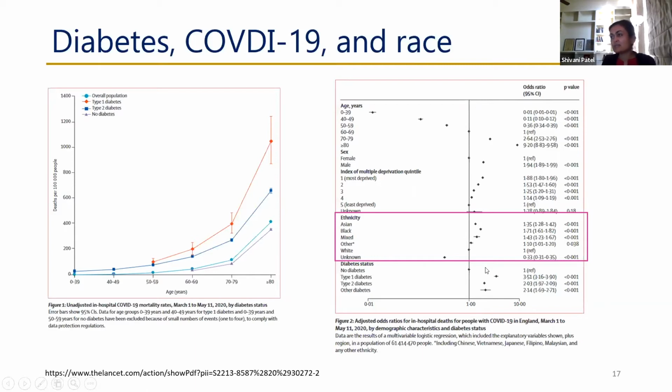So basically, once we account for diabetes, we still see that Blacks in England, and Asians in this case, have a higher risk for death than the whites who were the reference group.